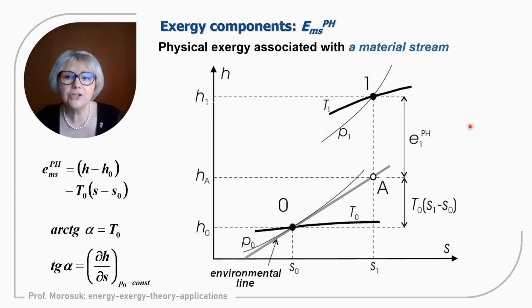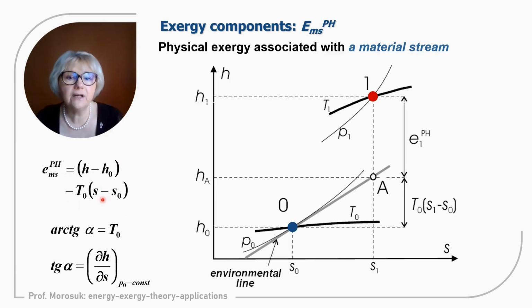Combination of temperature at state 1, for example, given conditions, and pressure, is state 1. The combination of the same parameters in the thermodynamic environment is state 0, and we can proceed with calculation of the equation for physical exergy. We have only one problem: how to deal with the temperature of the environment.